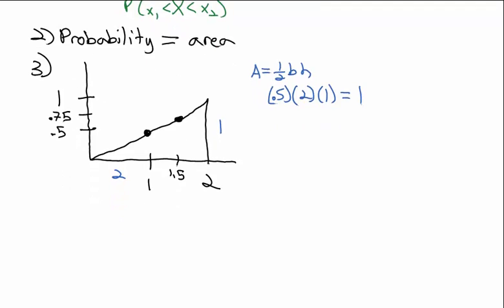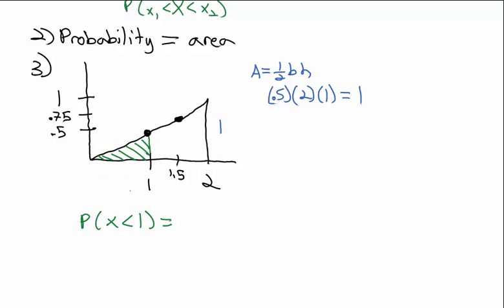Let's say, and I'm going to try and color code this to make this easy. Let's say we want the probability that x is less than 1. Well, that would be from 1 going down. Notice that's a triangle. So probability is the area of that triangle.